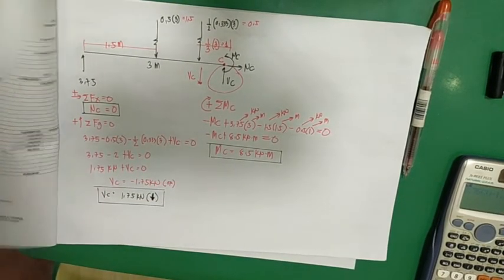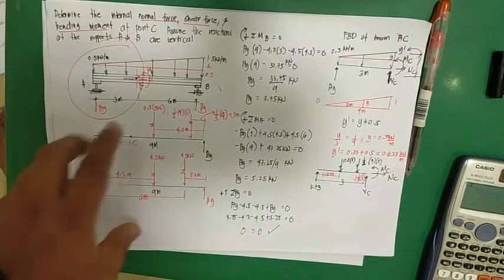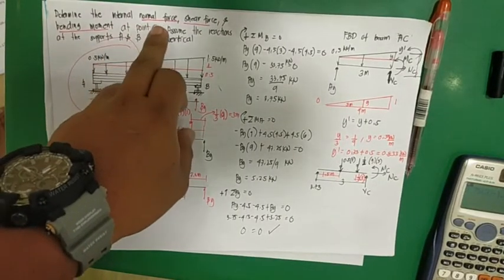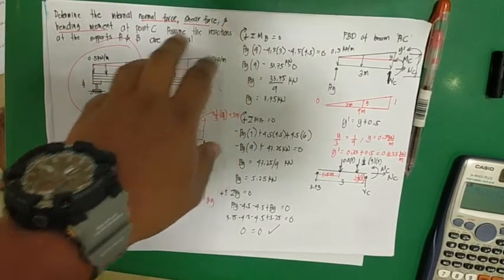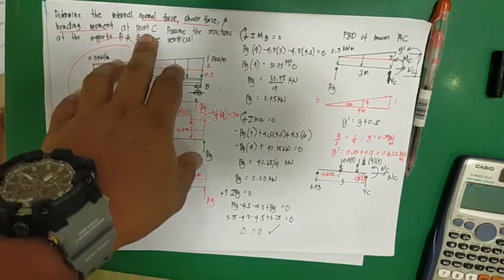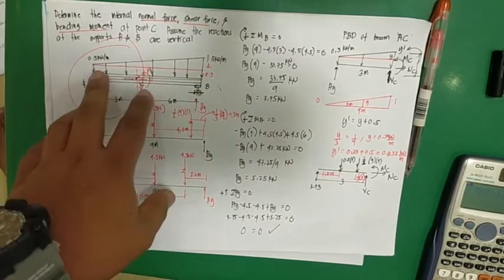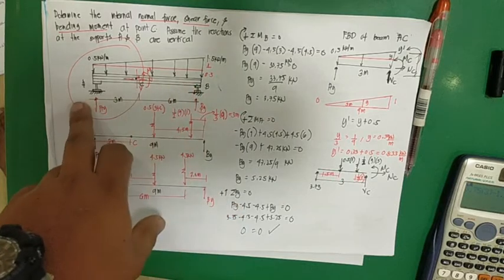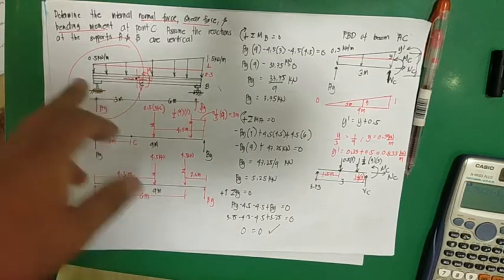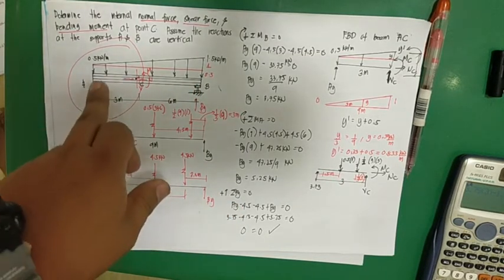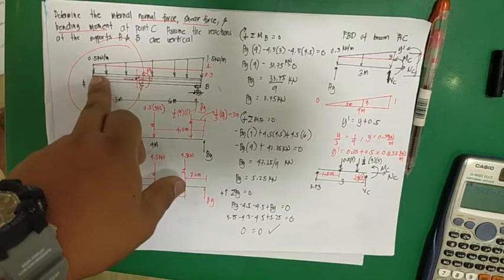Again, let's have a recap. Determine the internal normal force, the shear force, and the bending moment at point C. Assume the reactions at the supports A and B are vertical. So you have here a beam; you can consider any type of material.